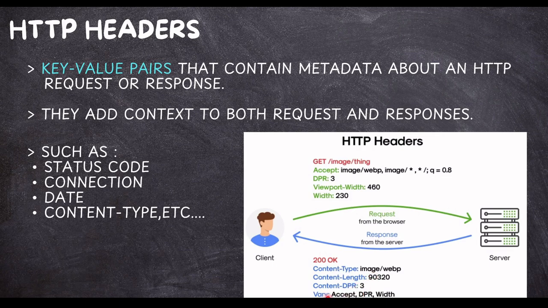Content DPR varies. So basically, if I just say that you have requested an image and you got an image from the server, this does not make things clear. But when I add some context to it, that you are asking for a particular image which has some width like this and it looks something like this, then it makes more sense.